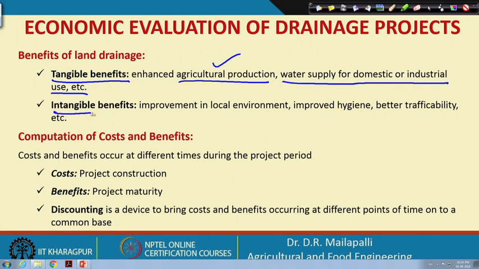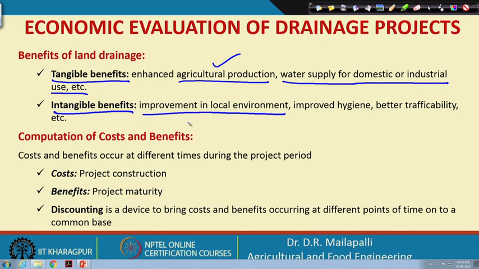The other kind is intangible benefits, the indirect benefits. You can see an improvement in the local environment because the impounded or ponded water, the excess water, is being taken out, so the environment will be clean.